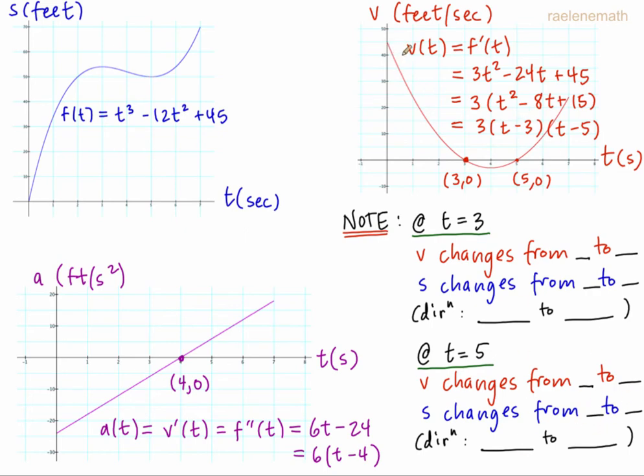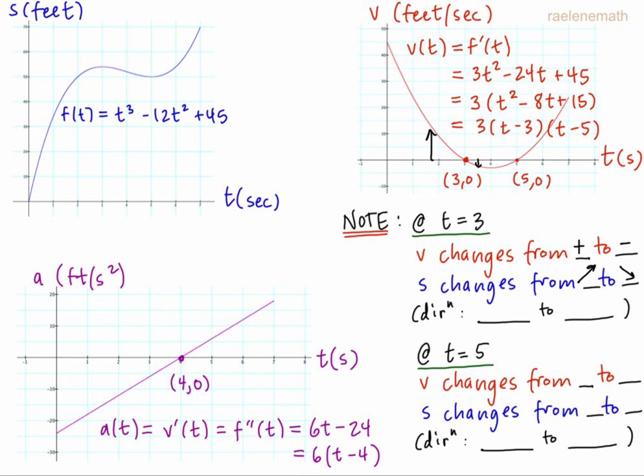First of all, in the velocity graph, we know that at time 3, the velocity changes from a positive value, meaning above the horizontal axis, to negative velocity values, which means that the position changes from increasing to decreasing.